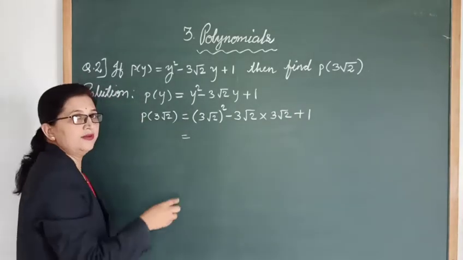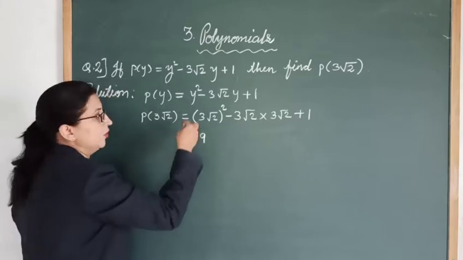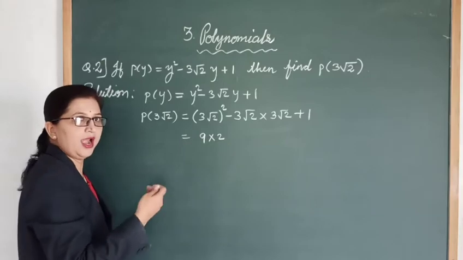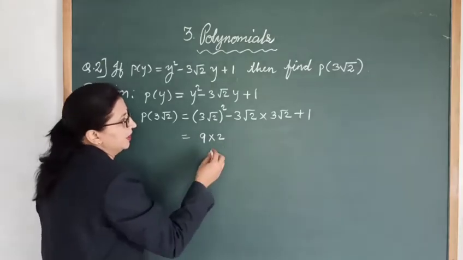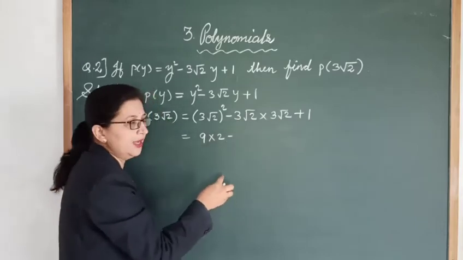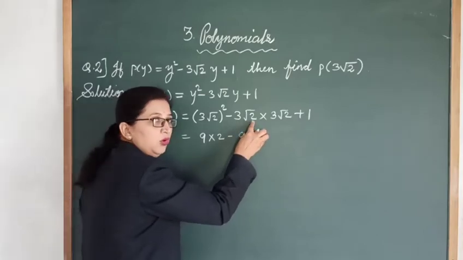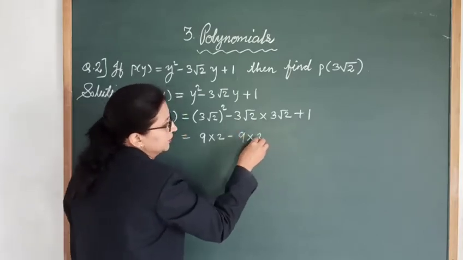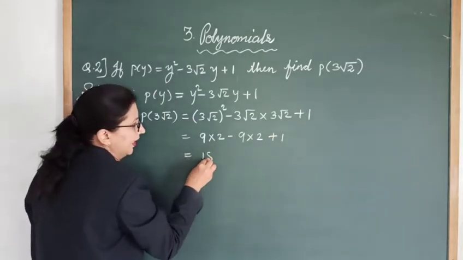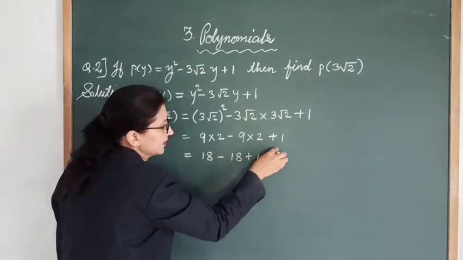Now the square of 3 root 2: the square of 3 is 9 and the square of root 2 is 2, so we get 9 into 2, that is 18. Then 3 root 2 into 3 root 2: 3 threes are 9, into root 2 into root 2, that is 2, so 18, plus this 1.